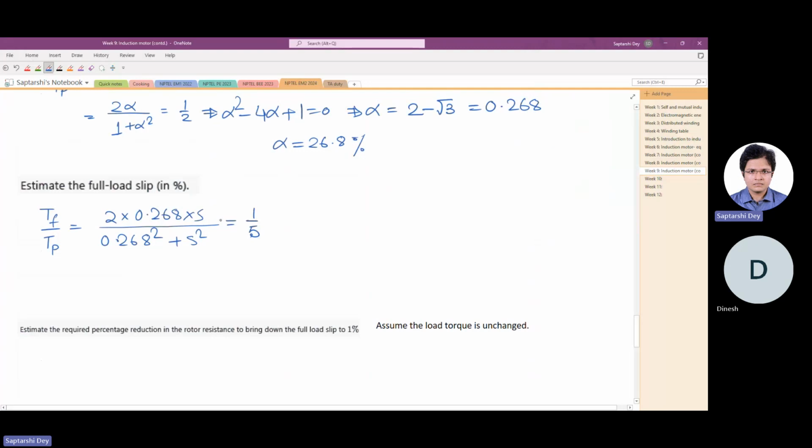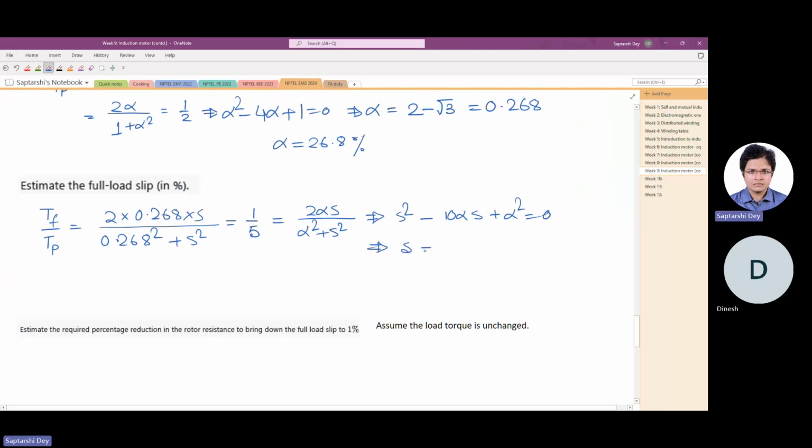Let us do it in a simpler way. The value of alpha makes this equation dirty. If I write 2 alpha S by alpha squared plus S squared, we have to find out S. So S squared minus 10 alpha S plus alpha squared equals 0. Take alpha as a constant.